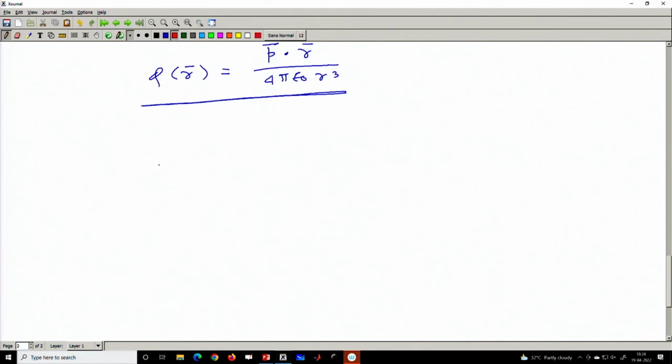So, my electric field E I can write simply by taking the minus of the gradient of this potential phi r, and that is simply minus of 1 by 4 pi epsilon 0, because this term is constant, and then we need to take the gradient of this quantity, p dot r divided by r cube.